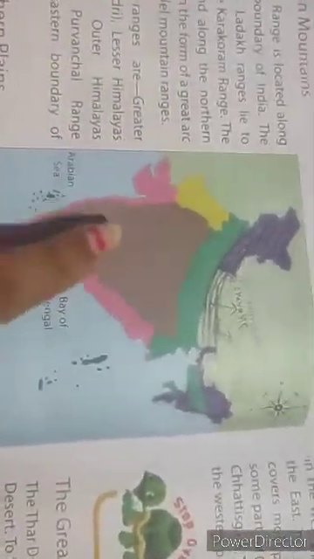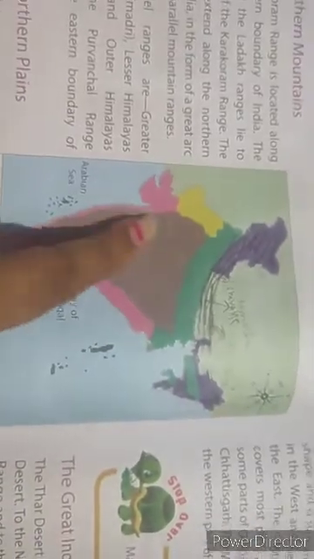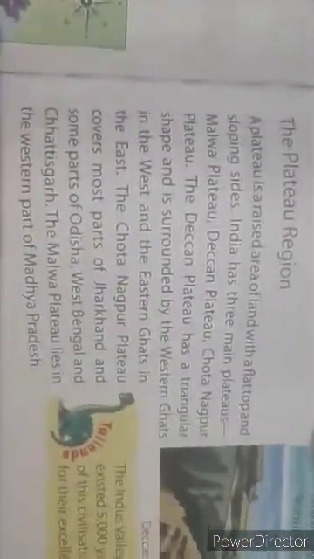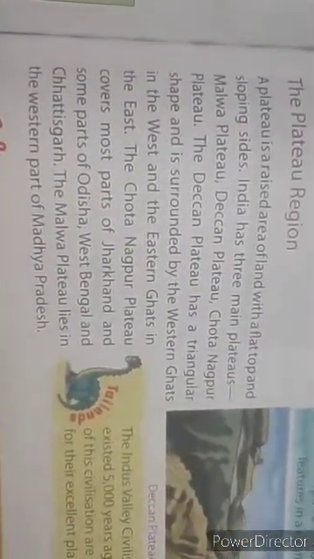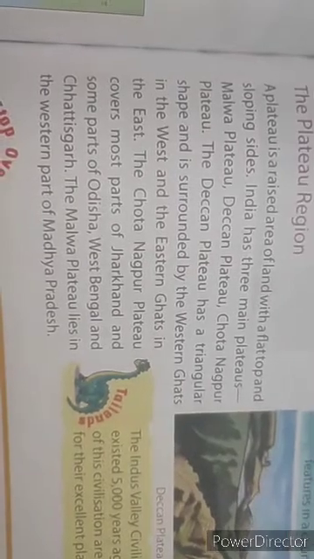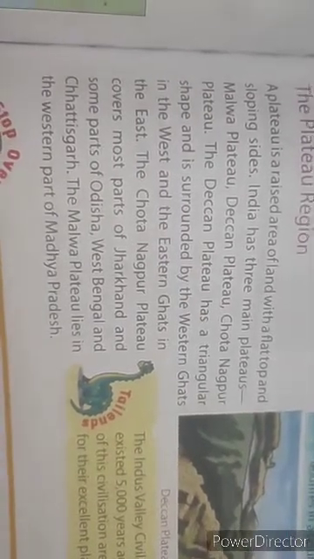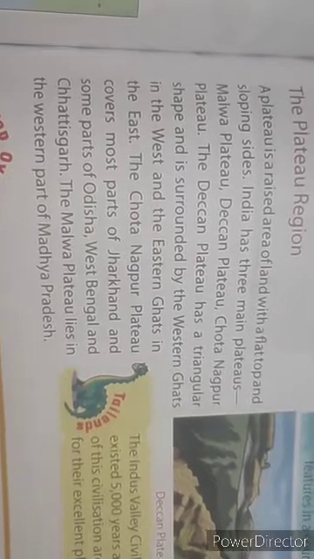Now come to the next, the plateau region. The area in the map which is colored with brown color is the plateau region. A plateau is a raised area of land with a flat top and sloping sides.